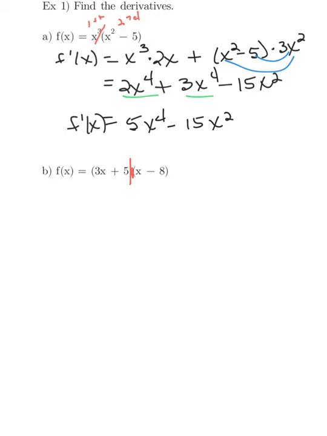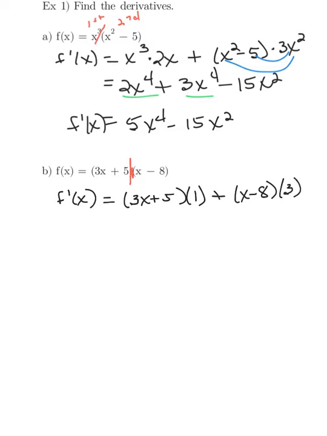When we are ready to find our derivative, write down the first part exactly as it was given, 3x plus 5, times the derivative of the second. The derivative of x, remember, is 1. Always plus, then write the second as it was given, times the derivative of the first. The derivative of 3x plus 5 is going to just be 3.